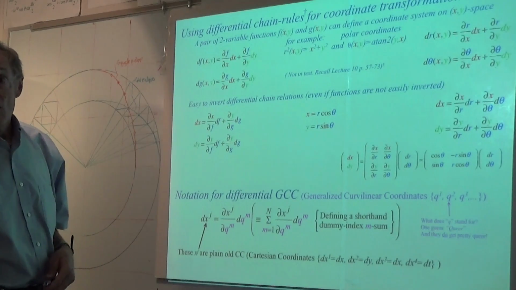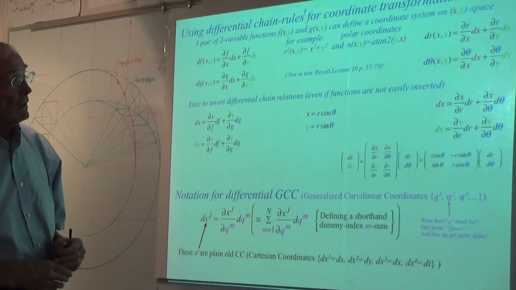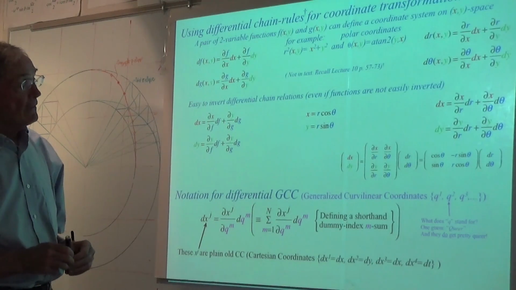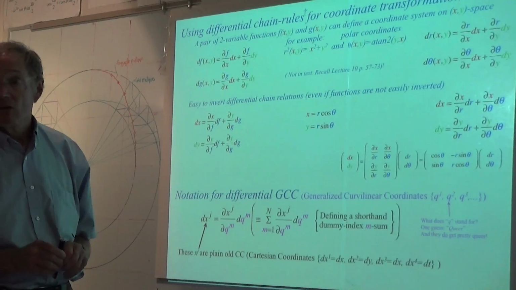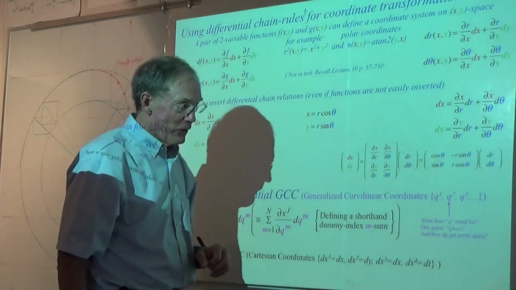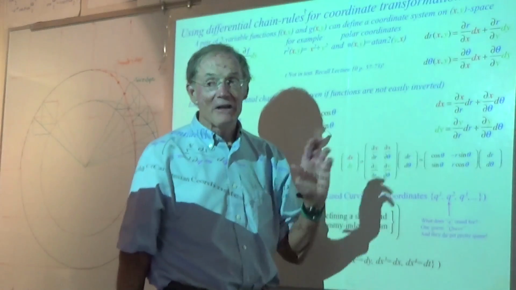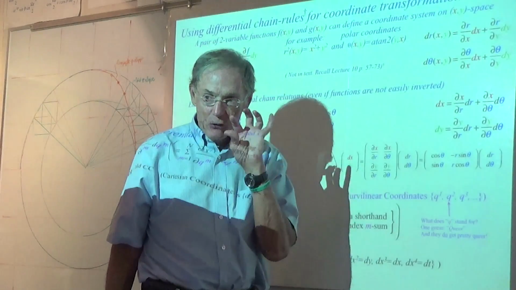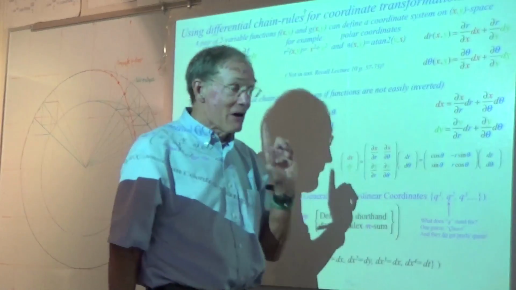Like if u and v are, so in any coordinate system, is du by dv always 1 over dv by du? Like, oh no. Or is it only for? Oh no. Partials don't play that game at all. The total derivatives do, partials don't.